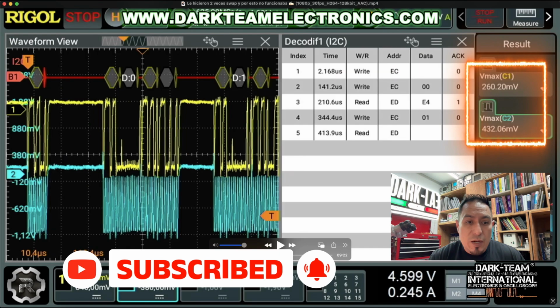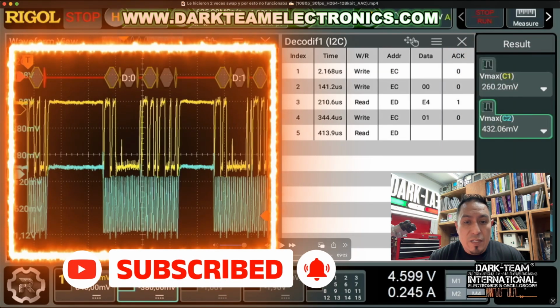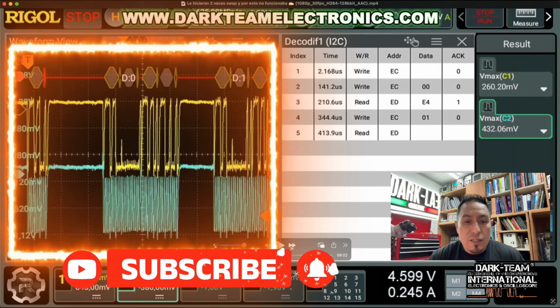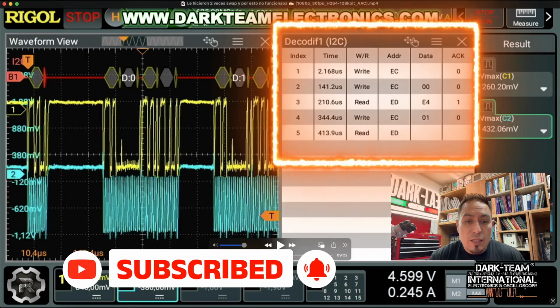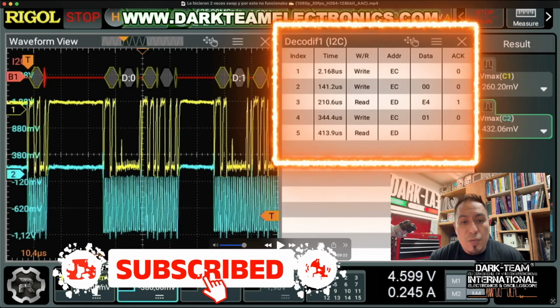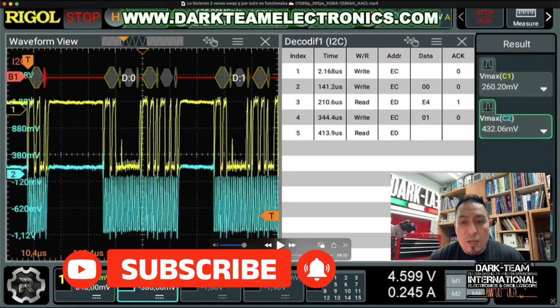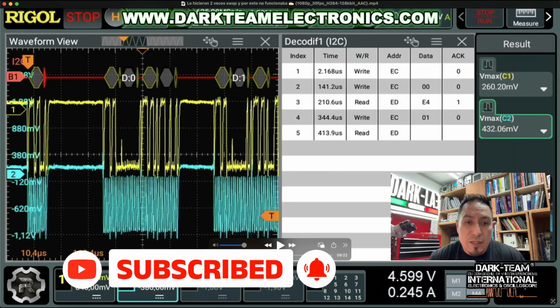We also observe that the transmission signal is generated on both lines, and we have data decoding which indicates that the CPU is transmitting correctly, only the voltage level is not appropriate.